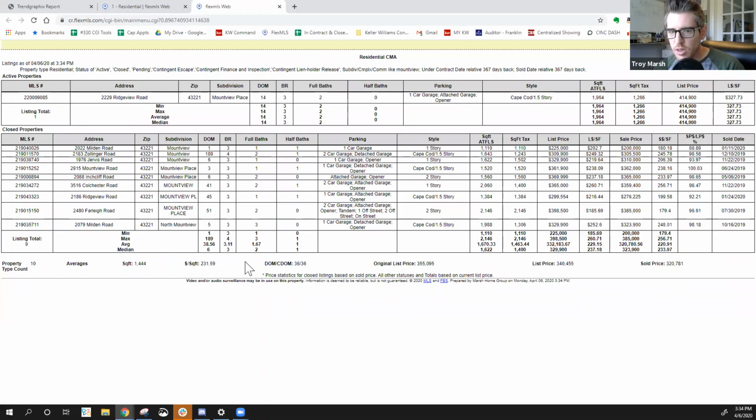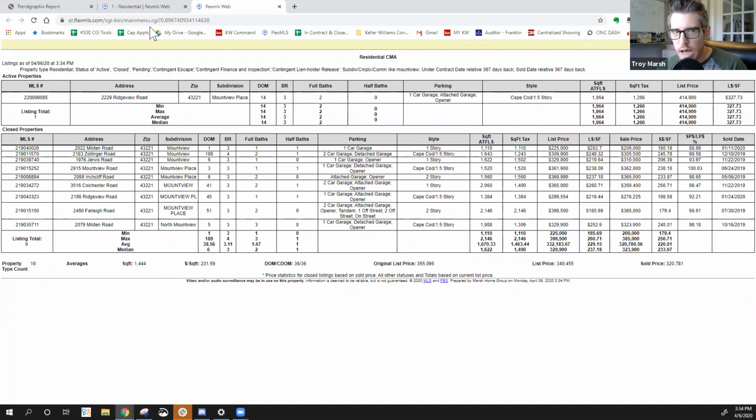And the reason I like this for days on market is this is a perfect example. The average days on market of the sold properties is 38, but the median is 6. That's because one property was on the market for 189 days, and since there were only 9 of them, it threw the average off completely.